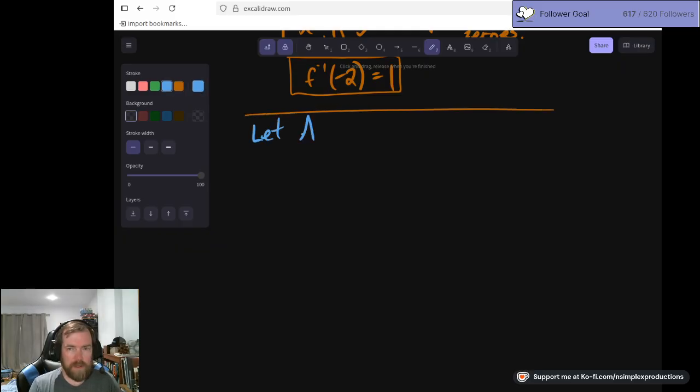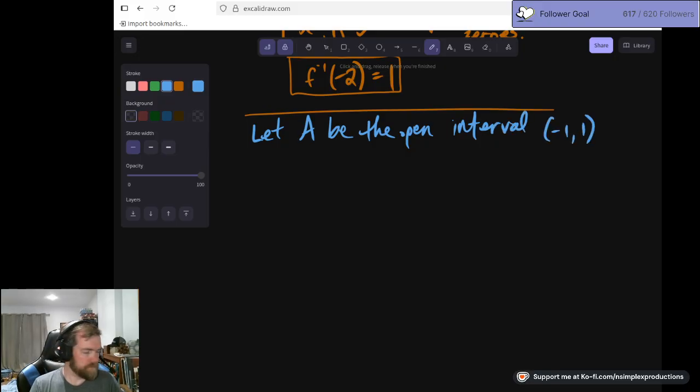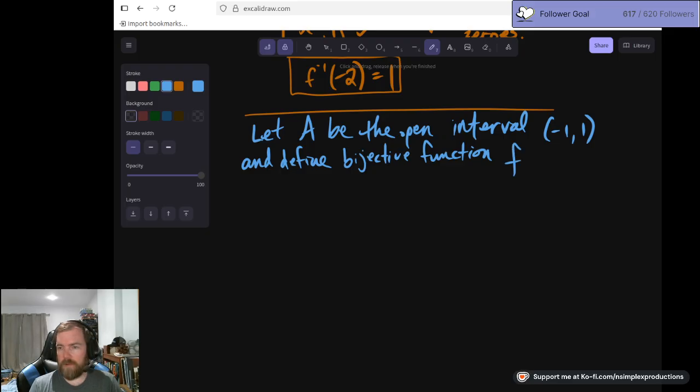Okay, let A be the open interval -1 to 1, and define a bijective function f on A such that f of x is equal to x over 1 minus x squared.